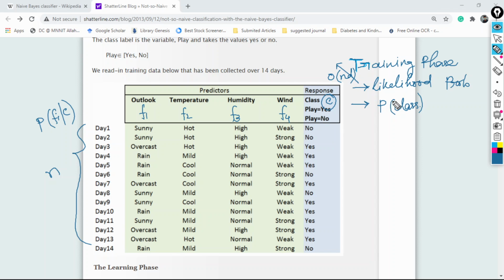And similarly for the classes also, order of NC. For the likelihood calculations, I am passing through each data point and for each class.